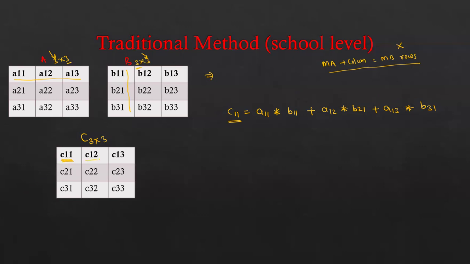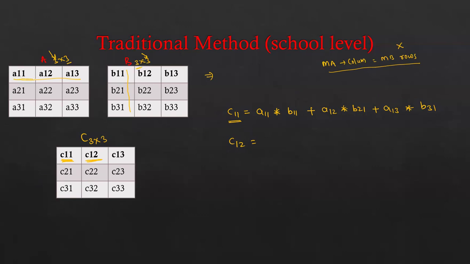Similarly, I am going to find the equation for C12. I will not compute every value. I will show you only two equations, C11 and C12, and then I will tell you how to write an algorithm for this. So C12 is another value we need to calculate. How can I find this C12?